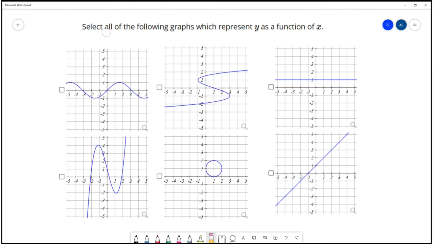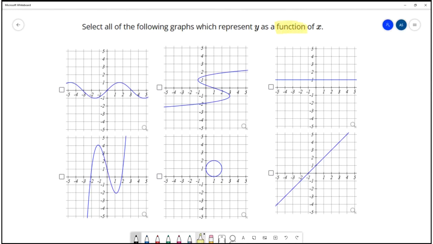On this example, we want to select all of the graphs that represent y as a function of x. So we really want to know whether these graphs represent functions.